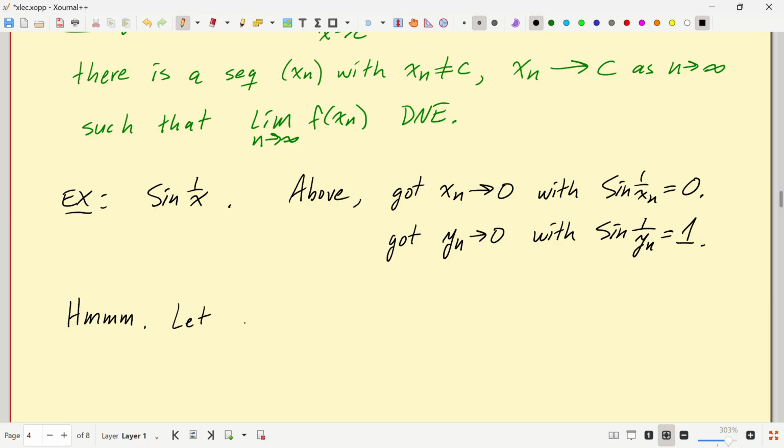I'll call it z sub n, equals x sub n when n is even, and it would be equal to yn.